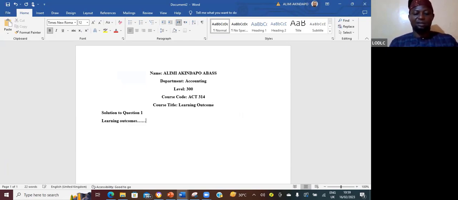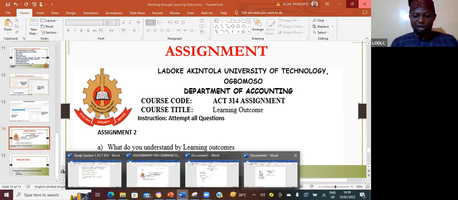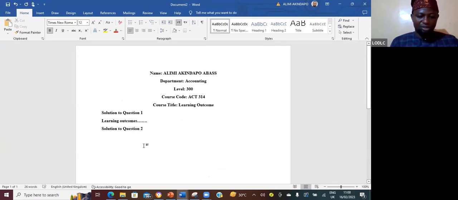You supply your answer. Then solution to question 2. Question 2 talks about highlighting the objectives of learning outcomes. So you now say, highlight the objectives of learning outcomes.